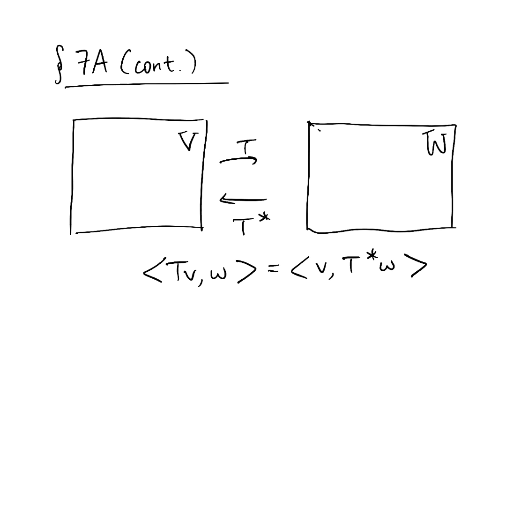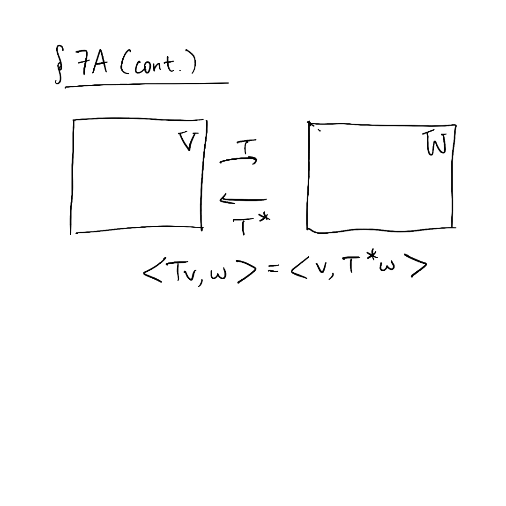On the other hand, little v and T star W, those are both in big V. So that inner product is happening on the left. But they match, and that's how T and T star are relative to one another.